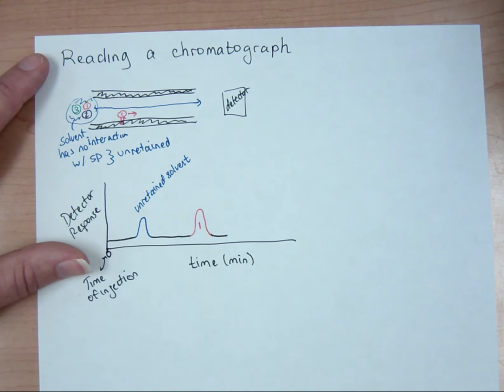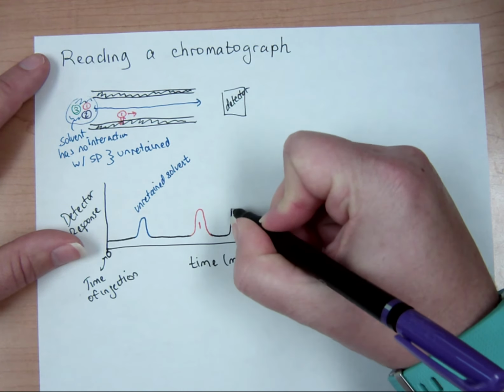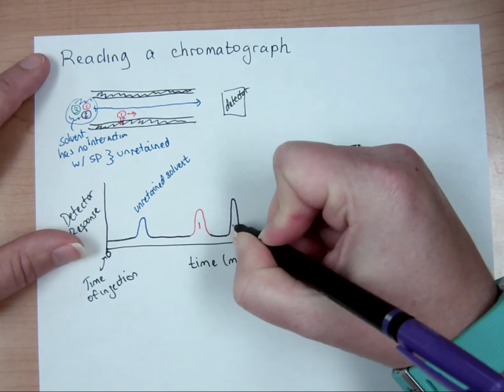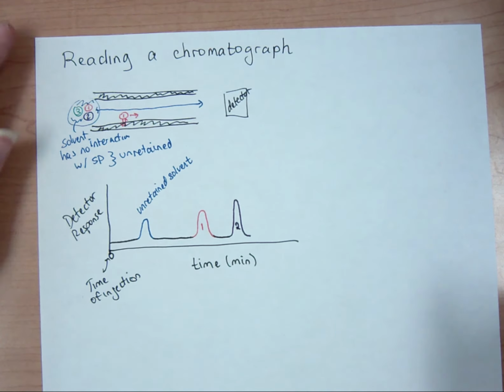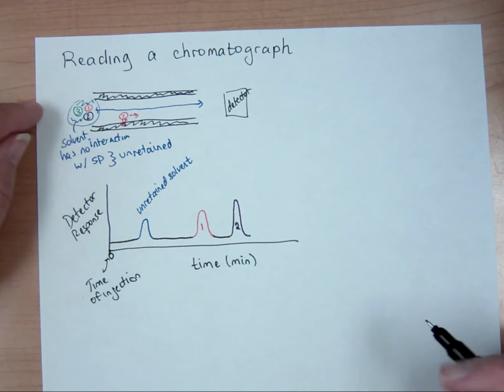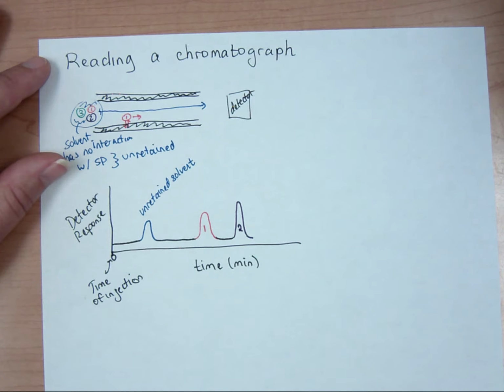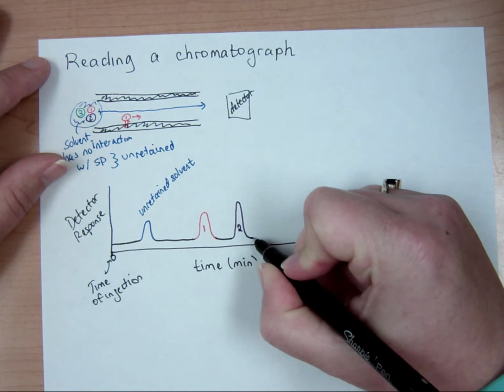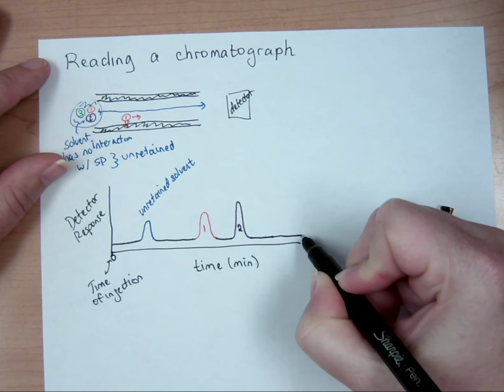Now we might continue on for a period of time, and then let's say we see a second peak. And this might represent analyte 2. Okay. So as analyte 2 comes out, now we know that this has a stronger affinity for the stationary phase than analyte 1, but it's still not as strong of an affinity as analyte 3, which might take a good while to come out.